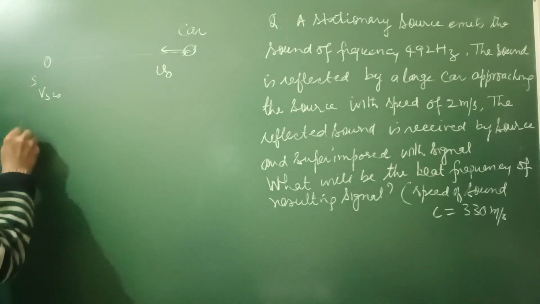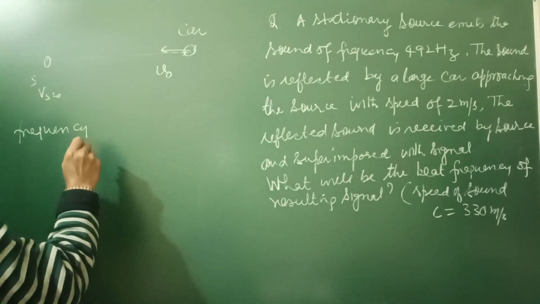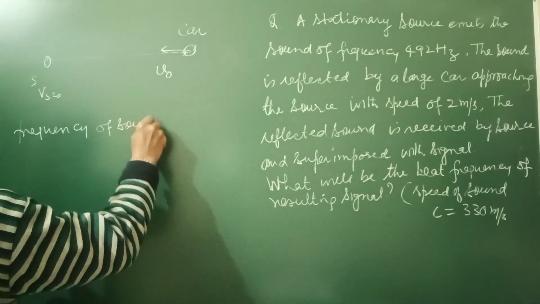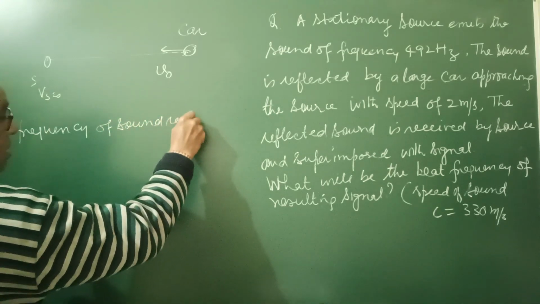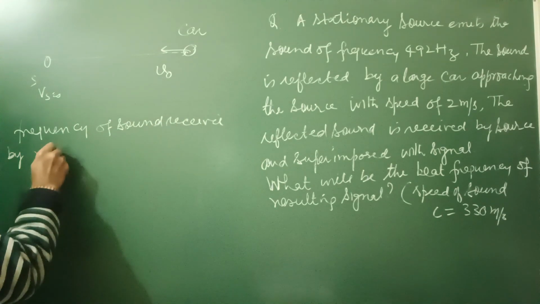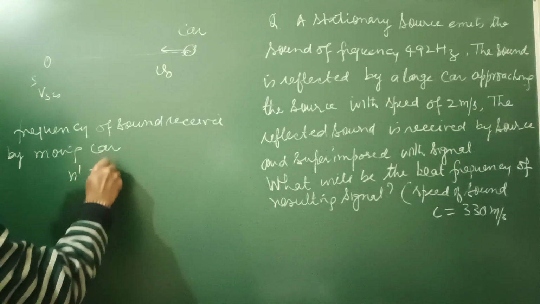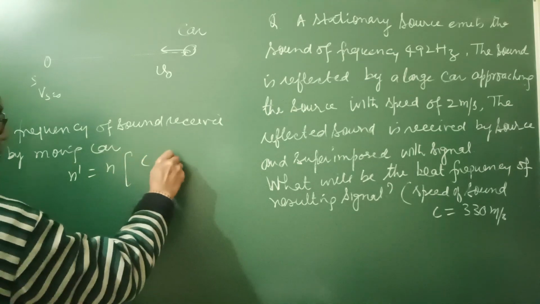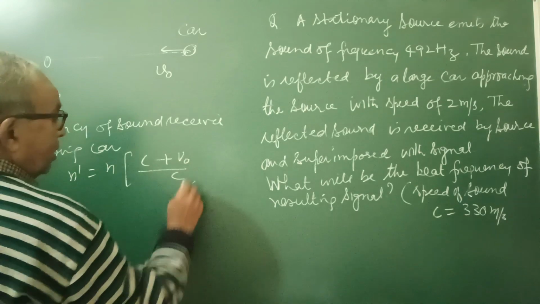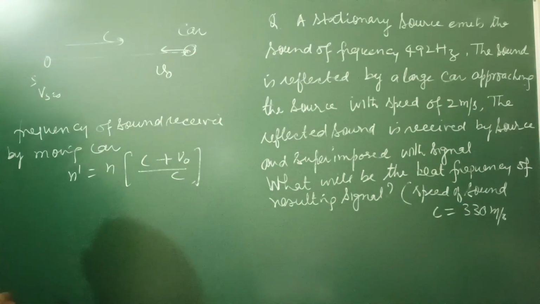So the frequency of sound received by the moving car is n' = n(C + Vo)/C. Here the plus sign is there because the sound is going this way and the observer is coming this way.